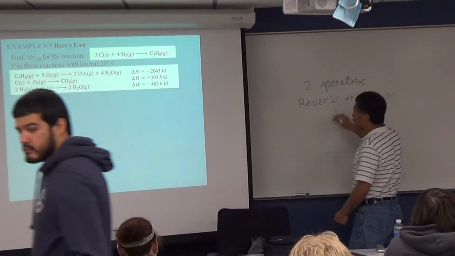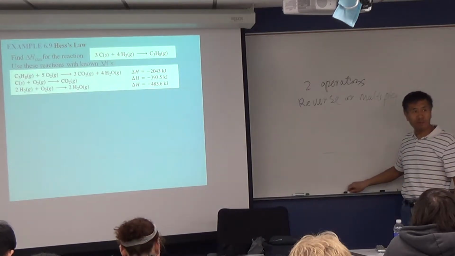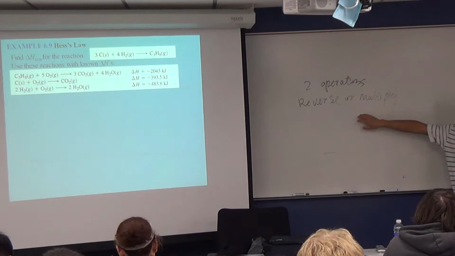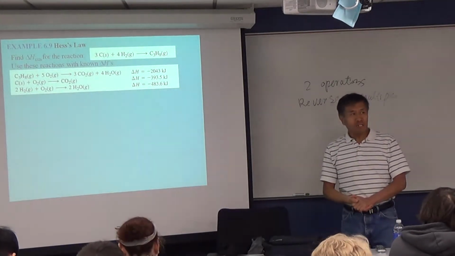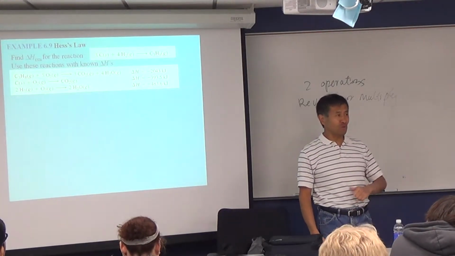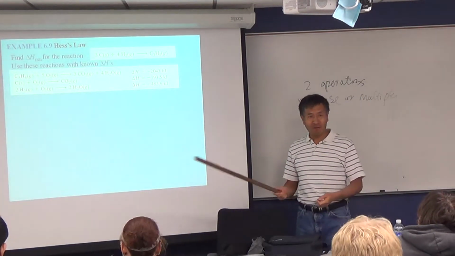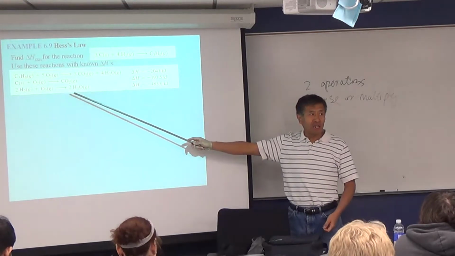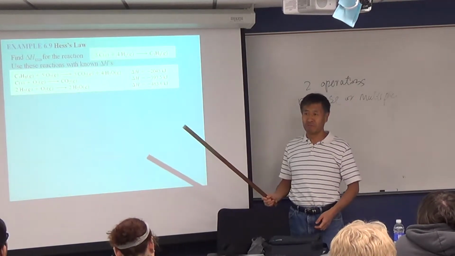You think about the 2 operations for these 3 equations, and you do each one of these. You don't have to always do that. If you don't have to do that, don't do that. The purpose of doing reverse or multiply by some numbers is to get 3 new equations, and then you add the 3 new equations and get that total equation.